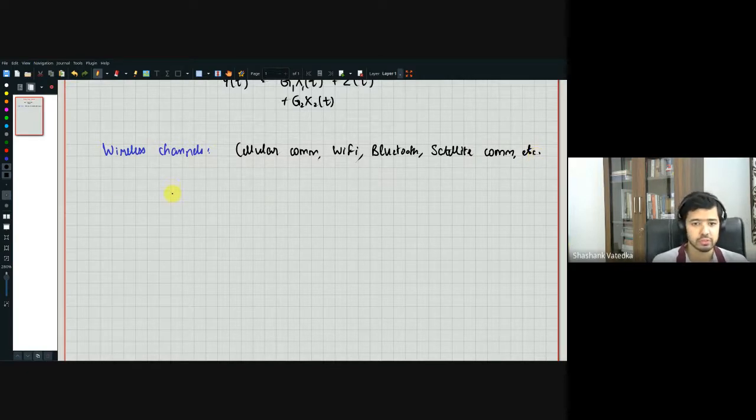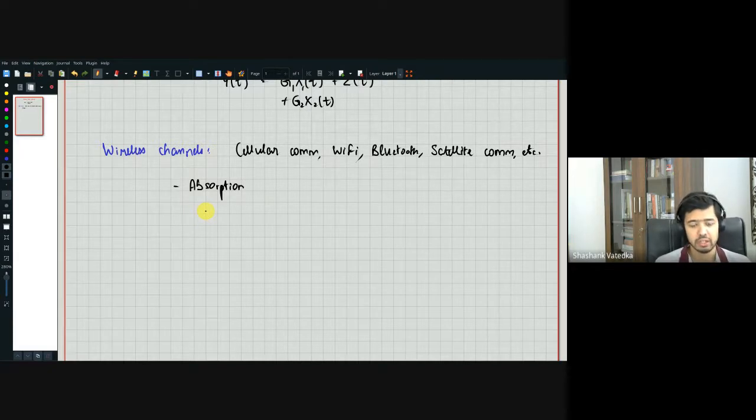So the most common imperfection in any channel for that matter is absorption, right? So you have absorption losses in any channel. Let's say that the transmitter sends maybe 10 milliwatts of power. The receiver is not going to receive 10 milliwatts of power, right? Some of it is going to be absorbed by the environment.